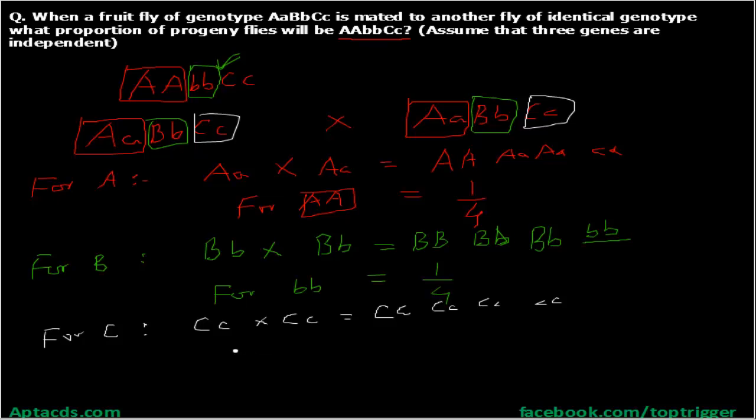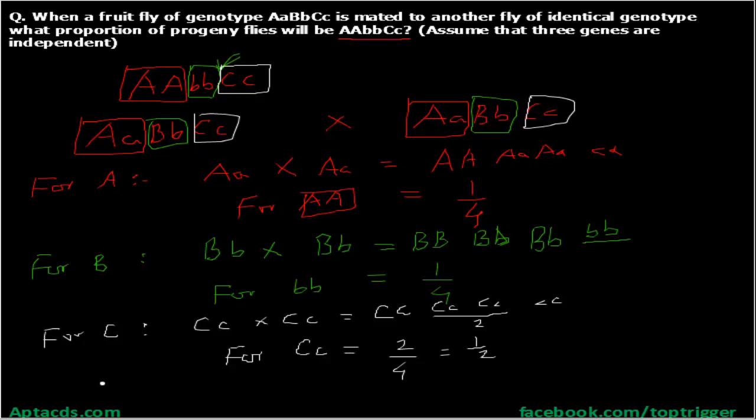The requisite genotype as per the given question is capital C small c. As we can see there, this is the requisite one. So this is 2 by 4, which is equal to 1 by 2.